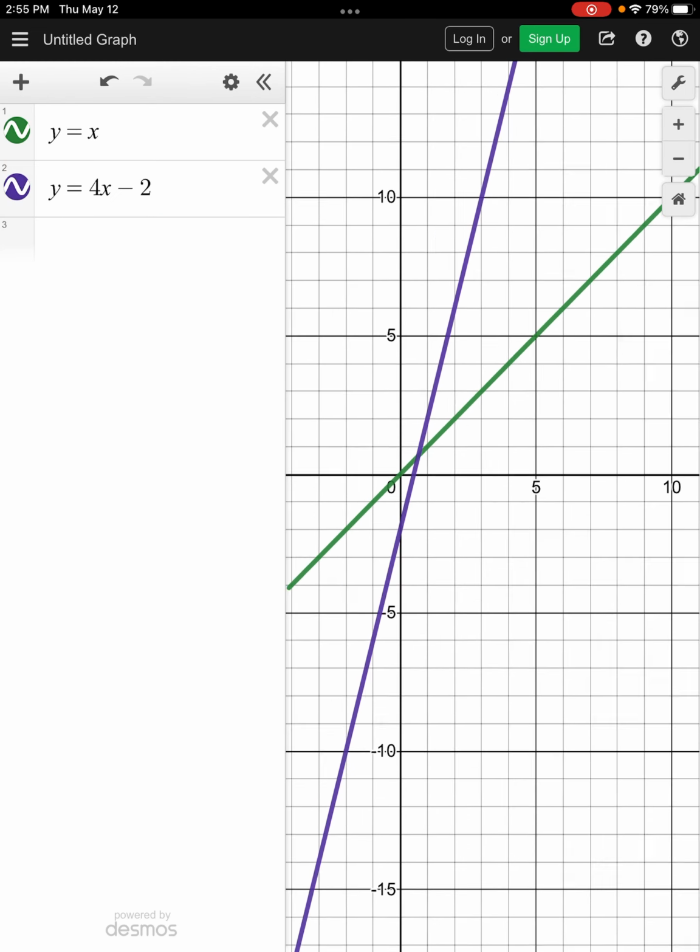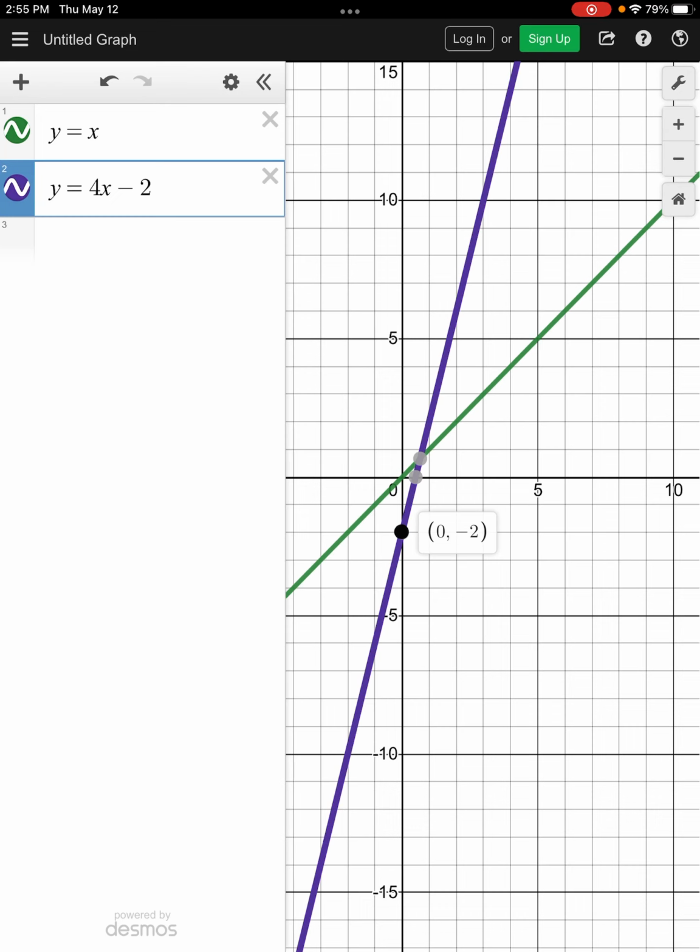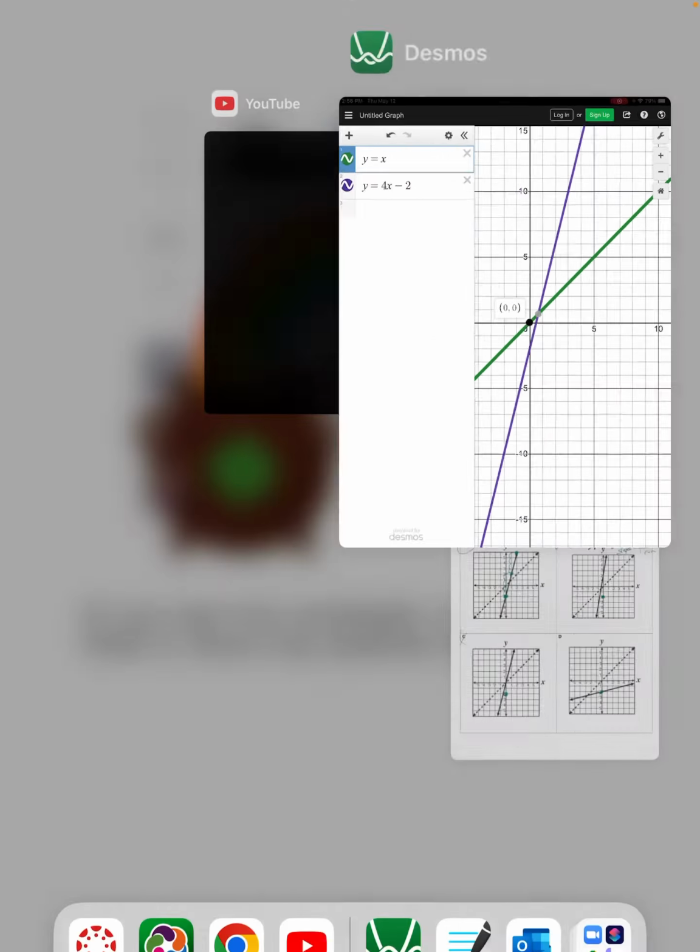You have a y-intercept of negative 2, and I'm looking at A, yep. I'm looking at what other coordinates I have, so I'm just sliding it along. I see 1, 2, and I look at the paper and I see a coordinate at 1, 2, yep. So A is going to work out. And then y equals x has a y-intercept of 0. Those are the dashed lines. So that one lines up too.